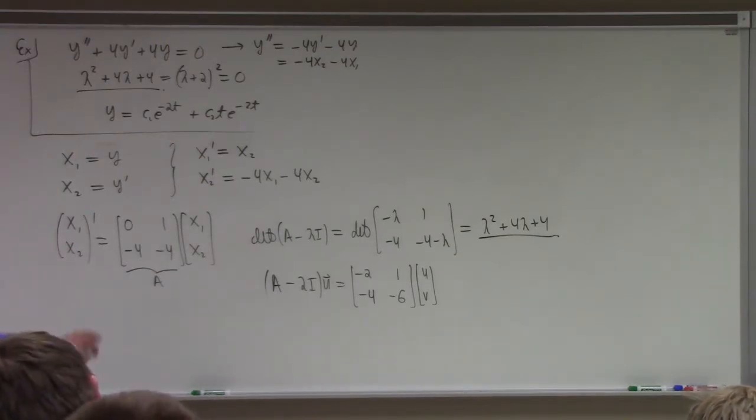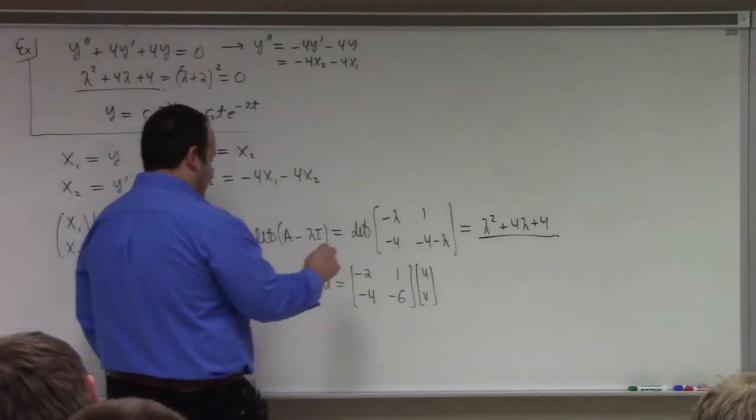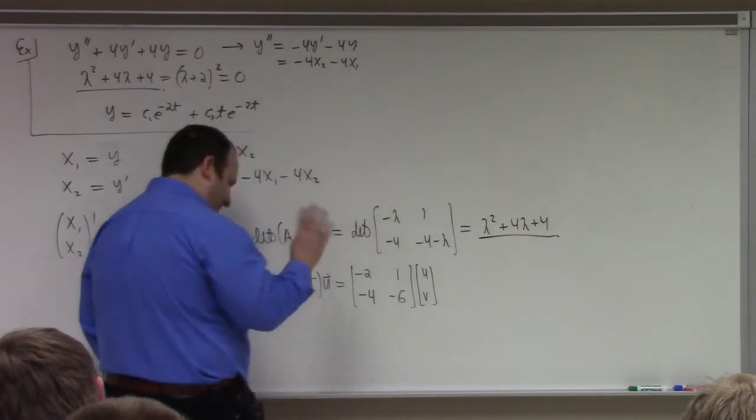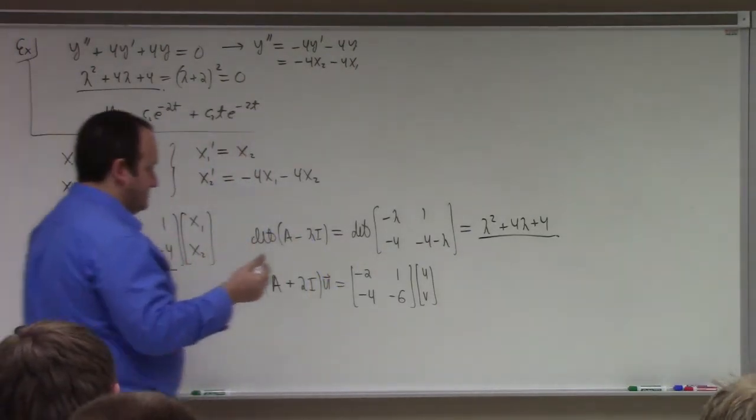Oh, I'm sorry, I'm confusing the root with the factor. It's just my own stupidity. So we're supposed to do plus 2I, right? That was the thing, because lambda equals minus 2.